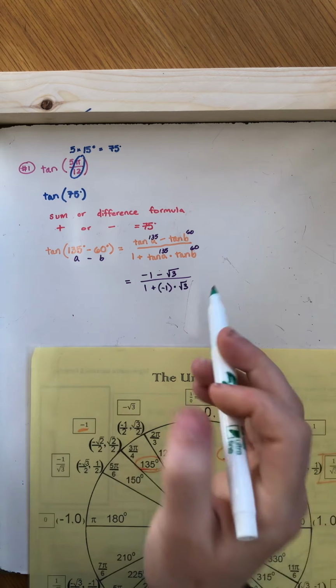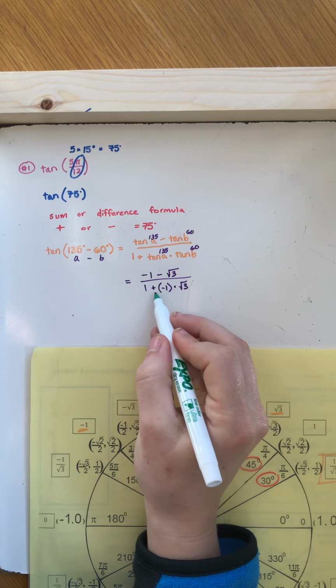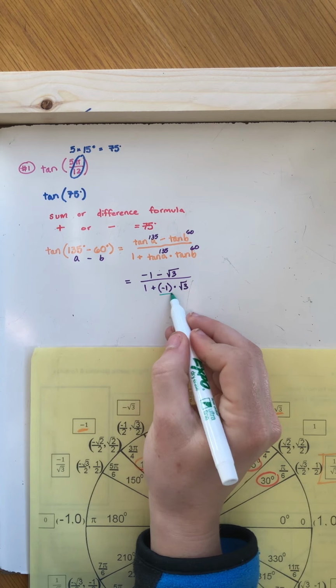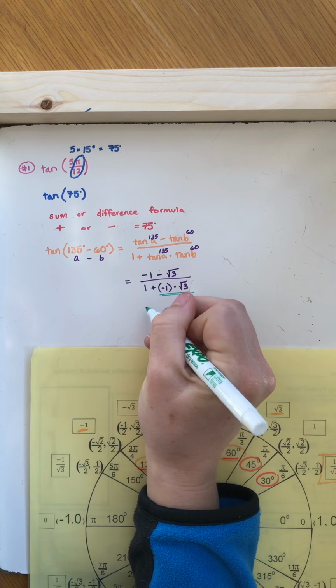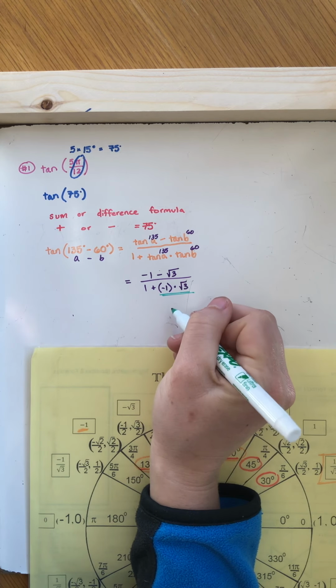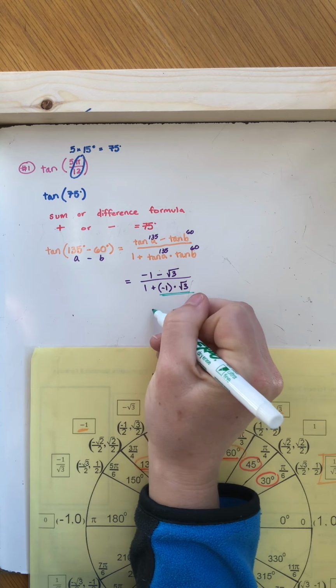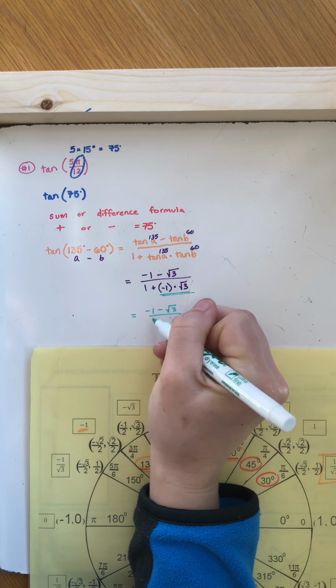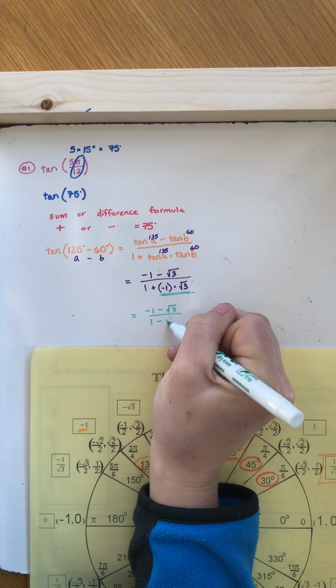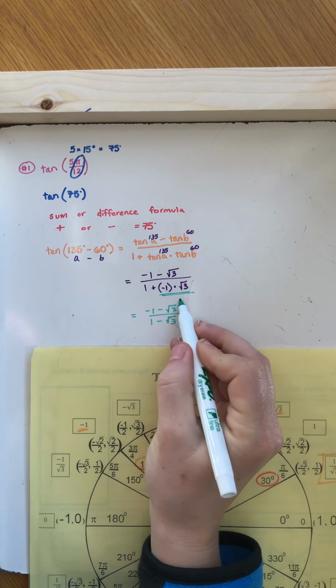And this is a common mistake for people. They add instead of multiply first. So if you remember PEMDAS, you have to do your multiplication first. So -1 times square root 3 is negative square root 3. So my final answer looks like that.